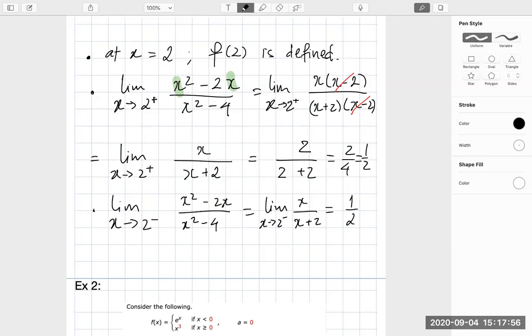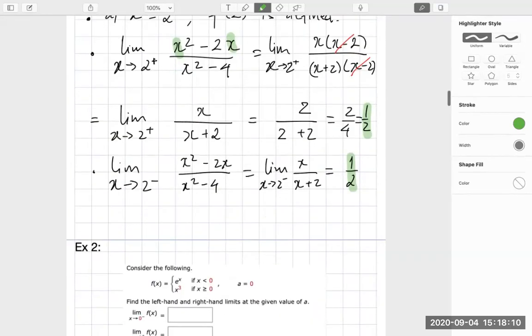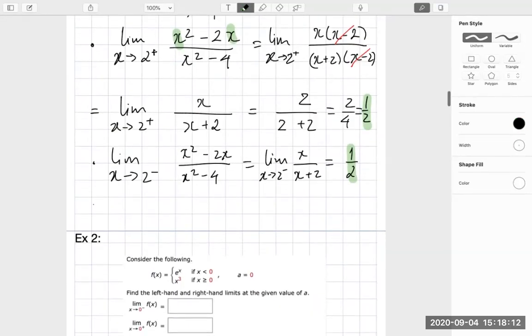And we see that the left-hand limit is equal to the right-hand limit. Therefore, the limit of this should be 1/2. And we see that the limit of the function f of x when x approaches 2 should be 1/2.